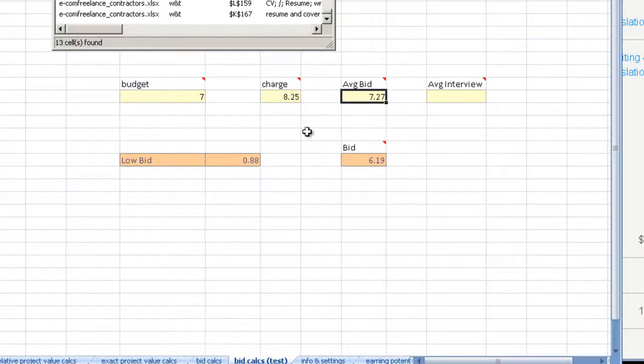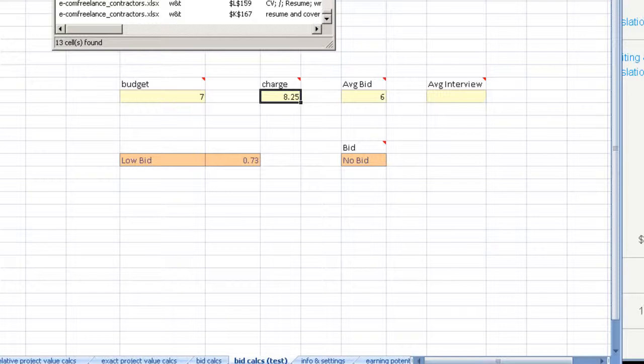So if the average bid is too low, then you're not going to be able to set a bid that is competitive with the average bid amount, yet still takes into consideration the regular amount that the contractor would work with.